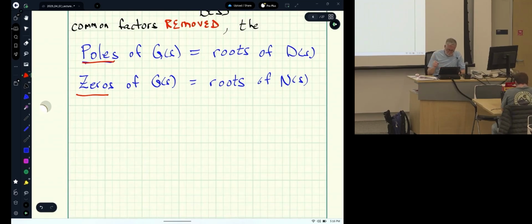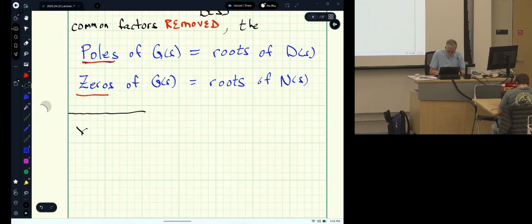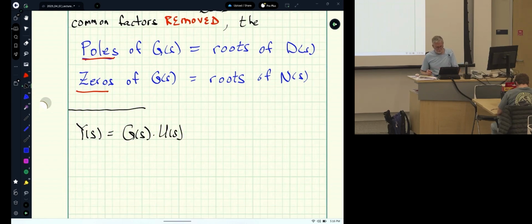Now, why is this super important? So I'm going to now do something on this little calculation here. So Y of s is G of s times U of s.